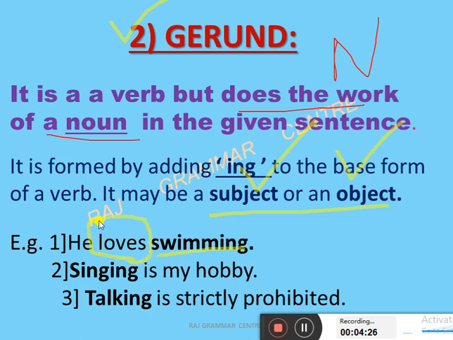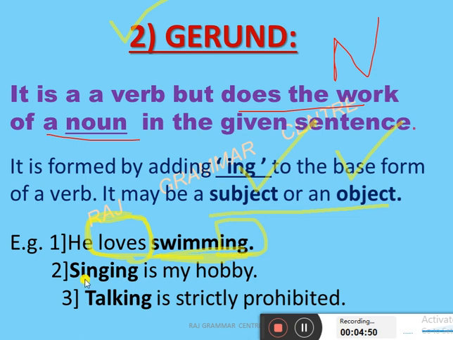Finite means it is determined on the basis of the tense. If I say he loves, in past tense it will be he loved. So it changes. But swimming here will not change. Therefore it is called non-finite. So why is it a gerund? The first thing is that ing is there in the verb. And the second thing is that it is used in the place of a noun. It is a second verb.